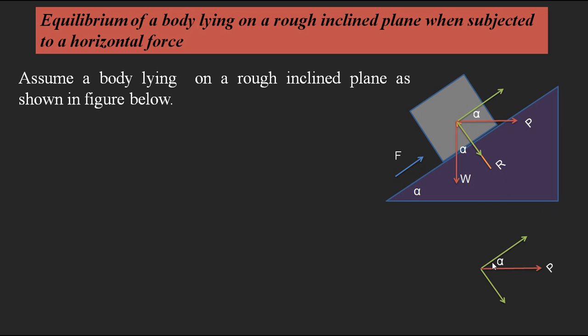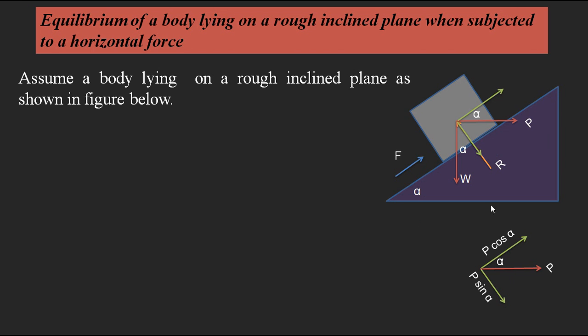This is the component parallel to the inclined plane, which is P cos alpha. And this line is perpendicular, the component of the force P perpendicular to the inclined plane, which we can write as P sin alpha. These are the two components of P along the plane and perpendicular to the inclined plane.